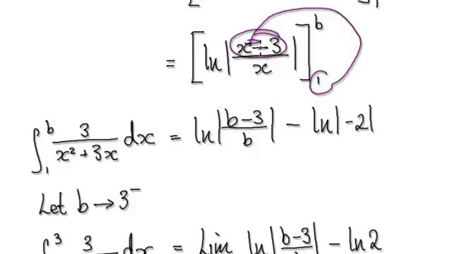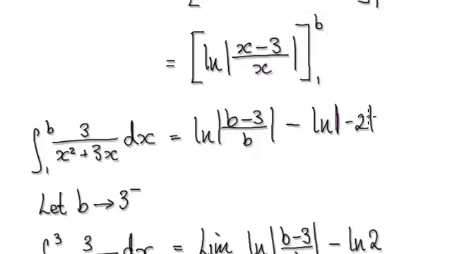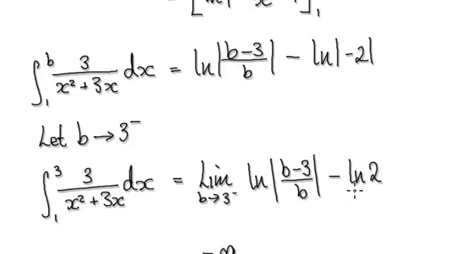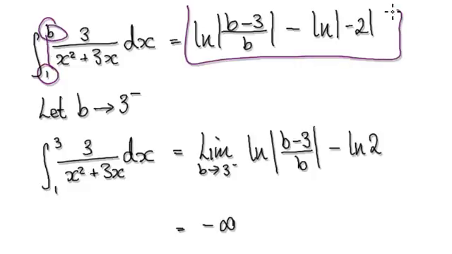That will become negative 2. But then the absolute value of negative 2 will become natural log of 2. So this thing here is the same as natural log of 2. Now when you integrate it from 1 to B, it will give you this answer here.